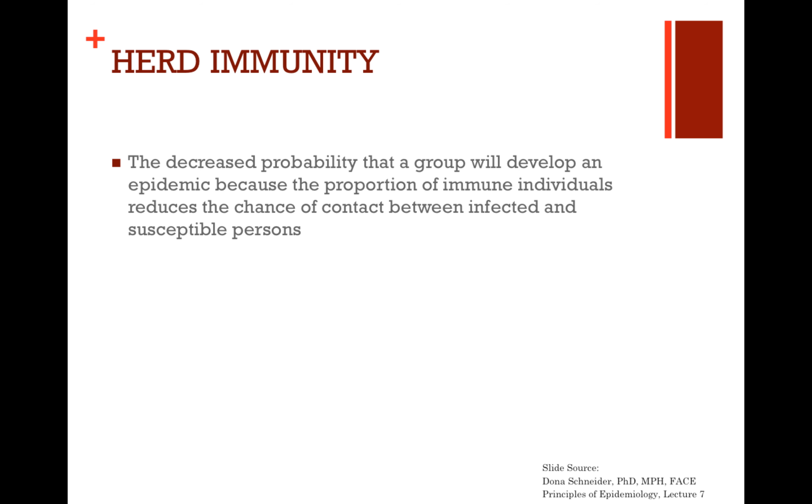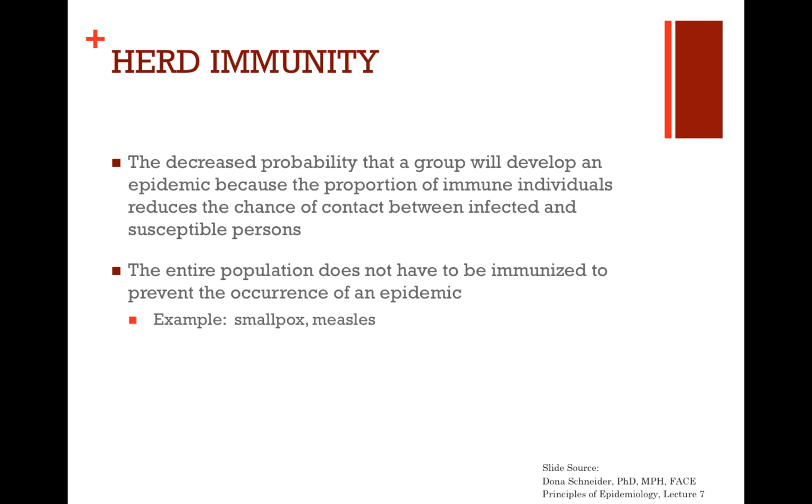So herd immunity is basically this idea that there's a decreased probability that a group will develop an epidemic if a certain proportion of immune individuals are in that population. You just need enough to reduce the chance of contact between infected and susceptible people. In other words, the entire population doesn't need to be immunized to prevent the occurrence of an epidemic.